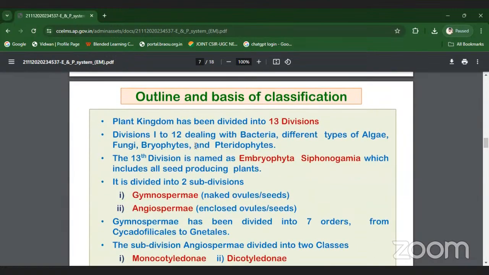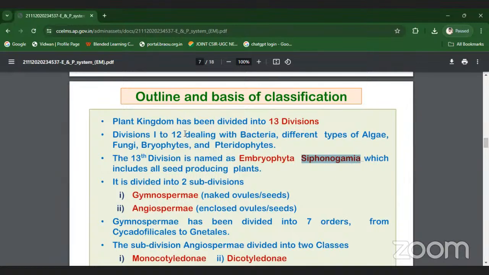The plant kingdom has been divided into 13 divisions. Divisions 1 to 12 deal with bacteria, different types of algae, fungi, bryophyta, and pteridophyta. The 13th division is named Embryophyta Siphonogama, which includes all the seed producing plants.